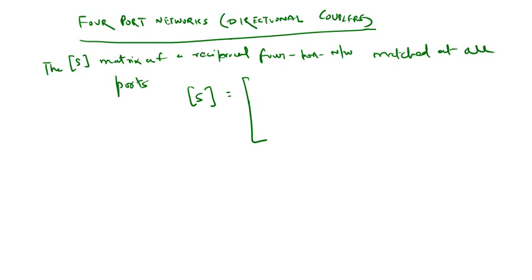So it is 0, S12, S13, S14. So we are considering both the conditions, that it is reciprocal and matched at all the ports. So the scattering matrix looks like that.